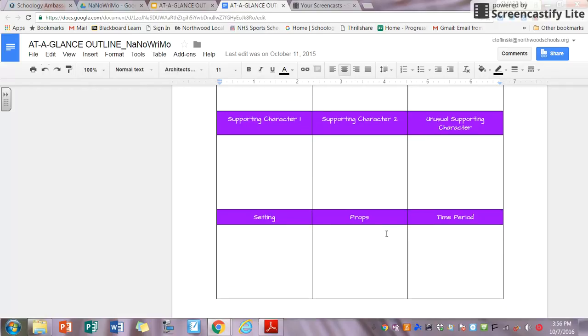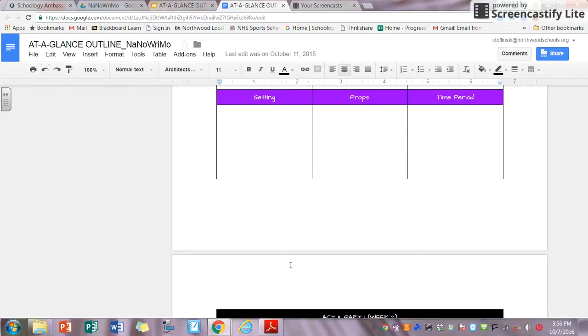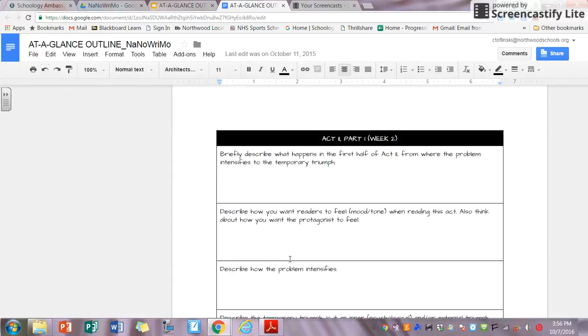It asks you for some questions about some supporting characters, and then the time period. I know that some of you are doing current day and some of you are doing different time periods. Act 2, Part 1 is what you will start in Week 2, and this is briefly describing what happens in the first half of Act 2, from where the problem intensifies to a temporary triumph.